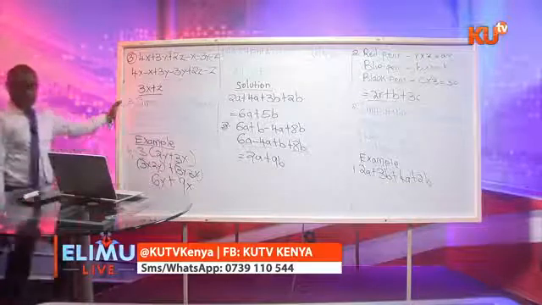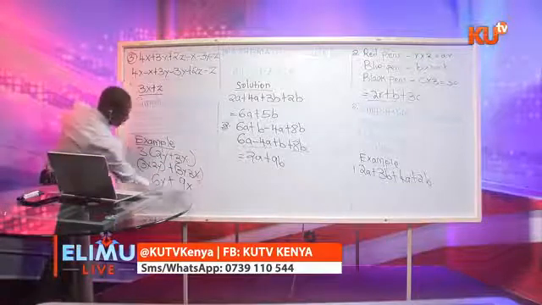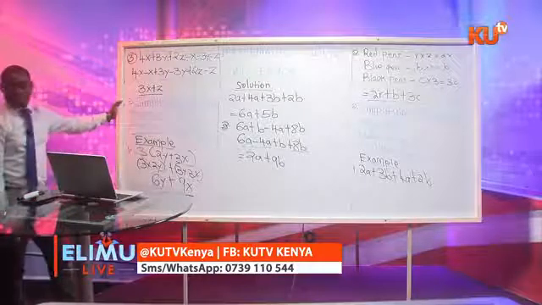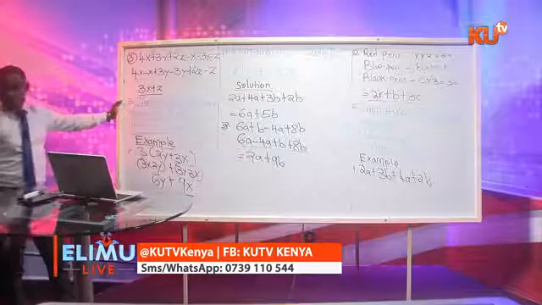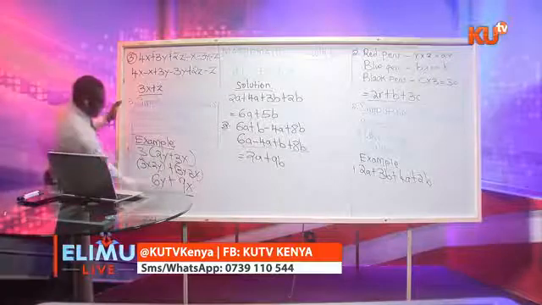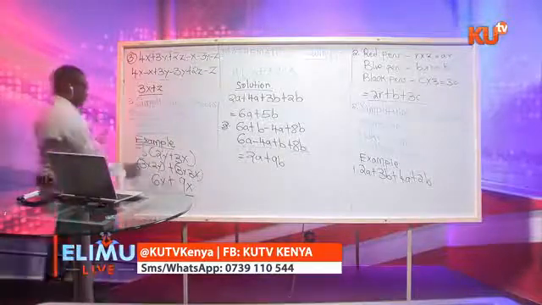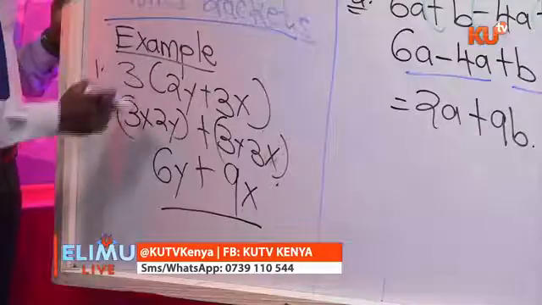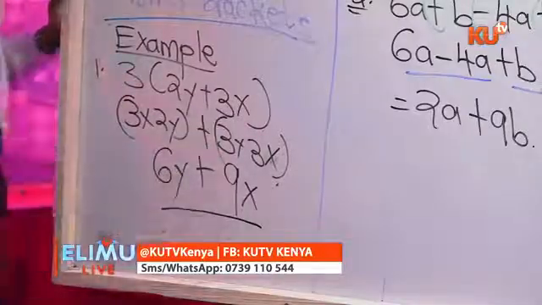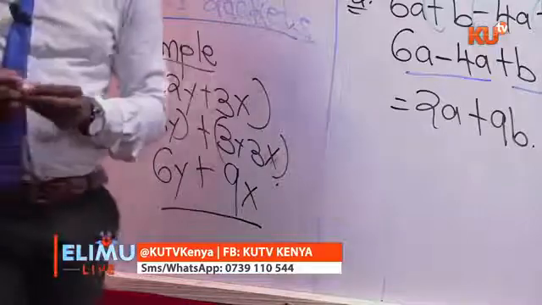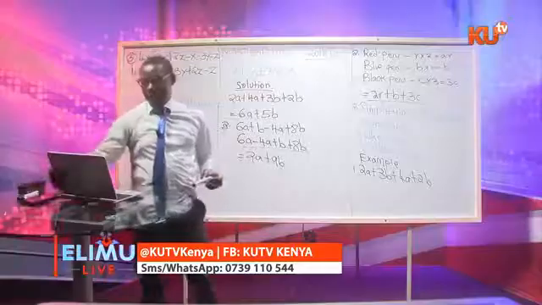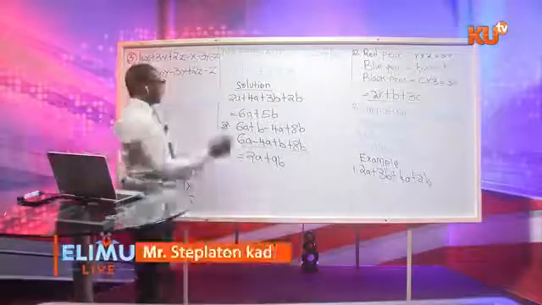Therefore, the answer to this question is 6y plus 9x. So we simplify by multiplying. You get your answer. Let's look at another example on the same.